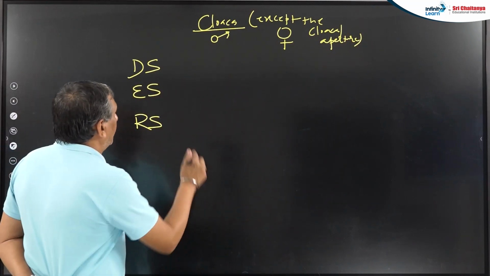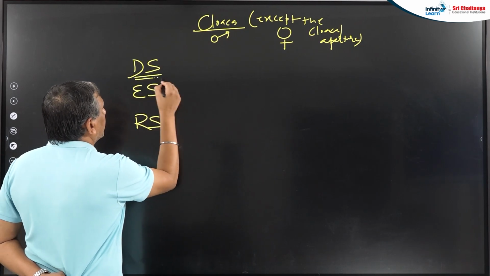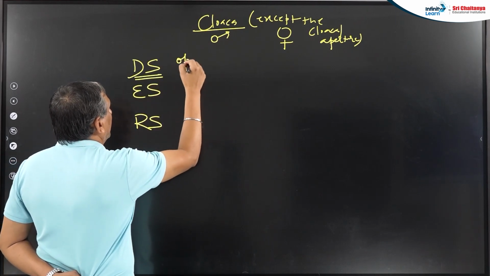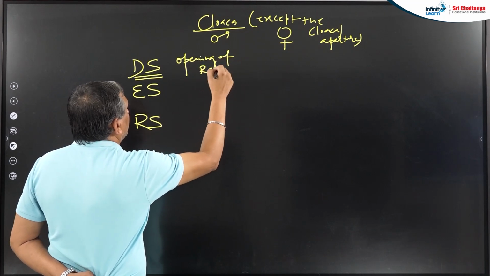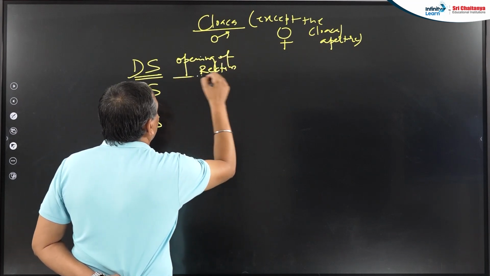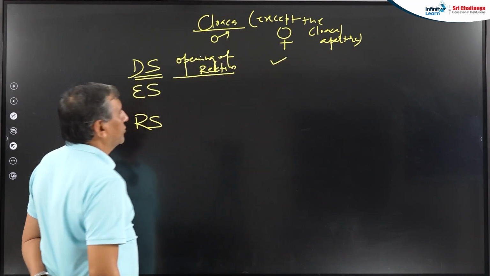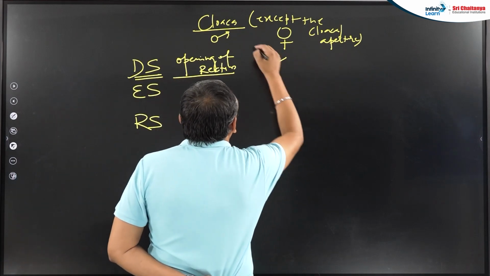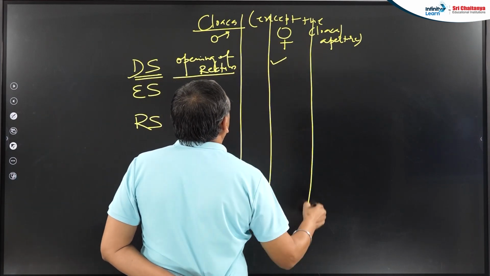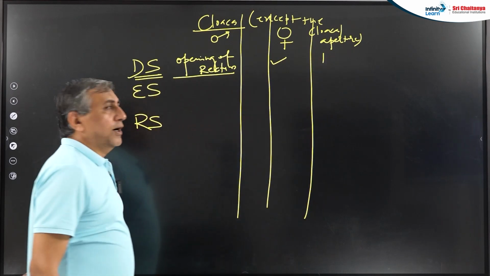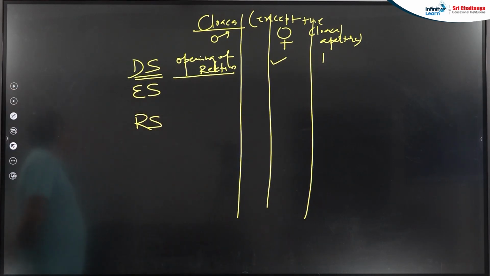See, one opening is related with the rectum. Rectum opens into the cloaca, both in male frog and female frog. So that is one opening related with the digestive system.